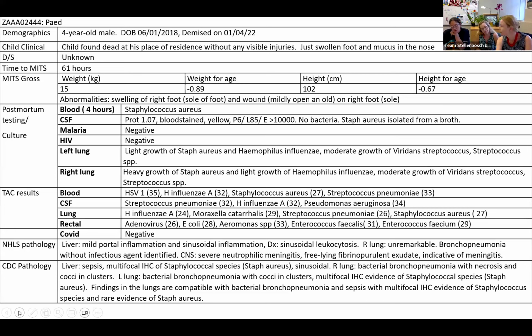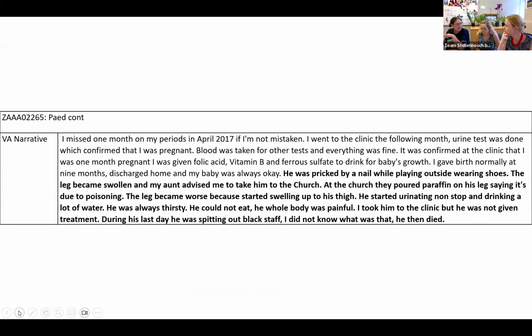And then for modifiable factors, the caregivers didn't recognize the severity of illness or danger signs, and they did not take the child to the clinic.